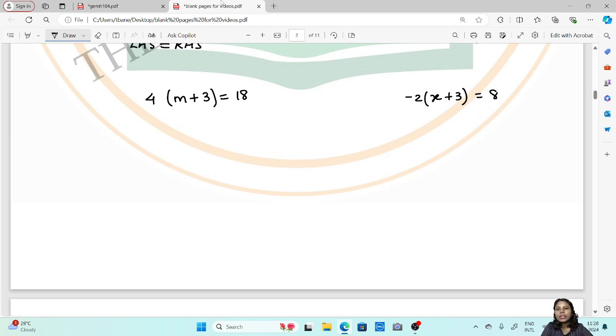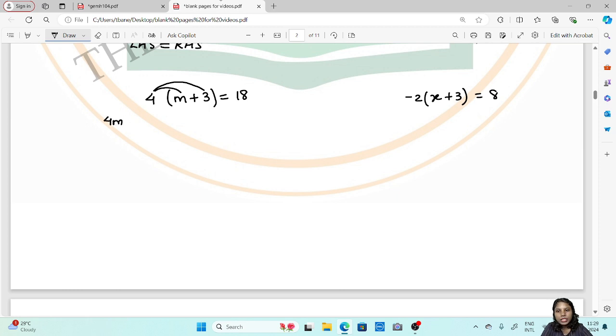Now see here. We have 4 multiplied by m plus 3 equals 18. The first thing that we are going to do is open up these brackets. How do we open up these brackets? We simply multiply this 4 with m first and then with 3. On multiplying 4 with m, we get 4m.